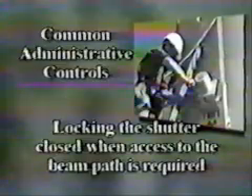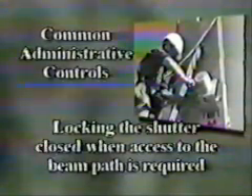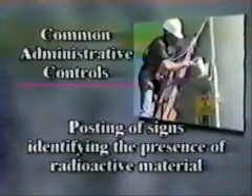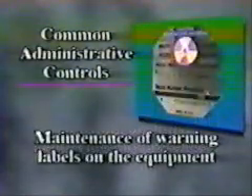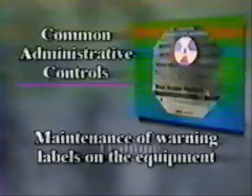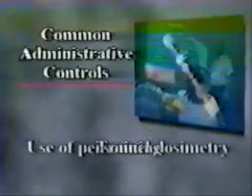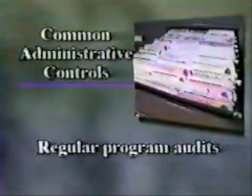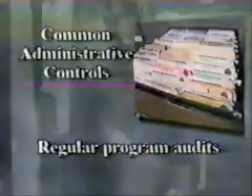Locking the shutter closed when access to the beam path is required. Posting of signs identifying the presence of radioactive material. Maintenance of warning labels on the equipment. Training. Use of personnel dosimetry. And finally, regular program audits.